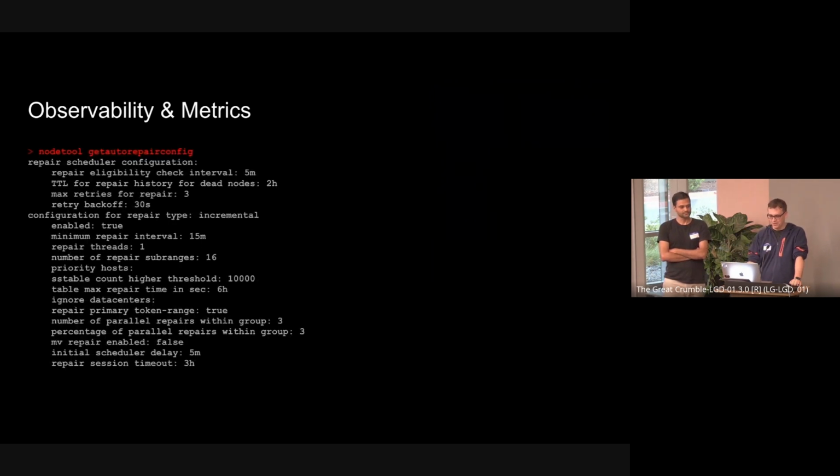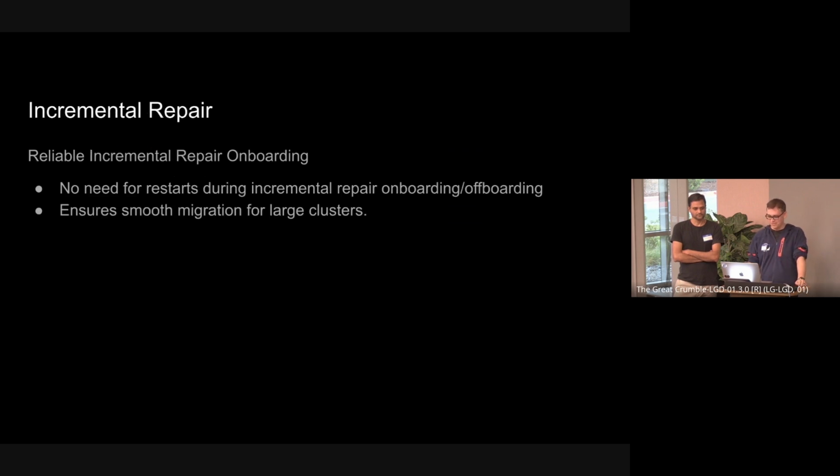From nodetool's perspective, you can get the configuration and it'll dump it out. It kind of gives you an English description as opposed to the title of the configuration option. So it'll actually give you a description of number of ranges, that kind of thing, as opposed to just a random YAML thing.